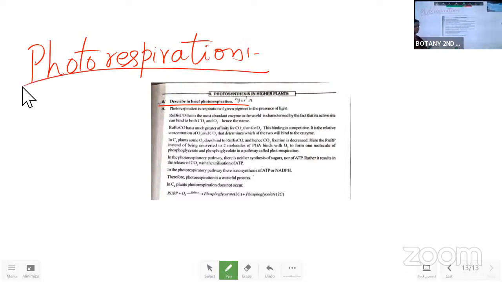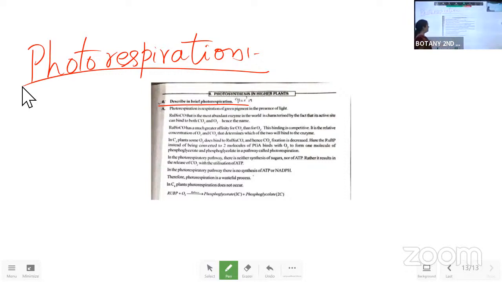Respiration is a separate chapter. Even when we don't know this answer, at least we can score 2 marks or 2.5 marks without any stress. If you forget this answer also, you can get the 2.5 if you write the relevant points.